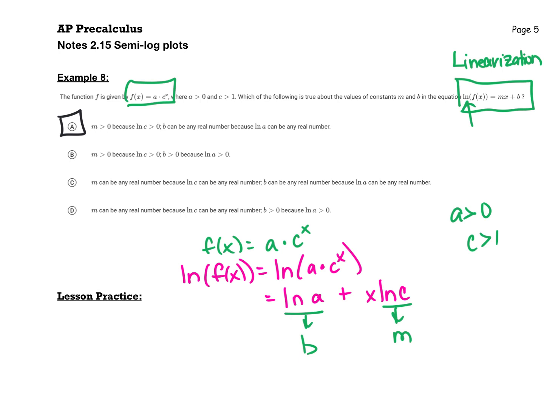Okay, it's nice when the first one's true. All right, but let's look at the rest. It says m is greater than 0 because the ln of c is greater than 0. Well, that's true. Okay, but that b has to be greater than 0 because ln of a is greater than 0. Well, let me ask you this. If b has to be greater than 0, what if a was 1 over 36?